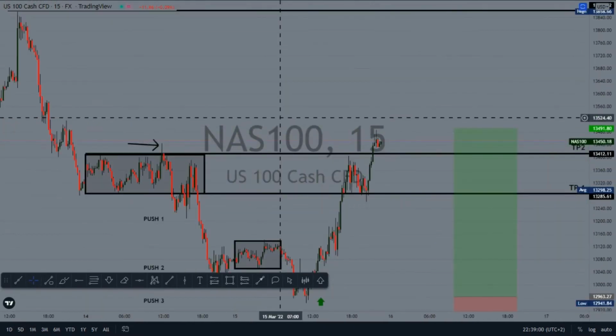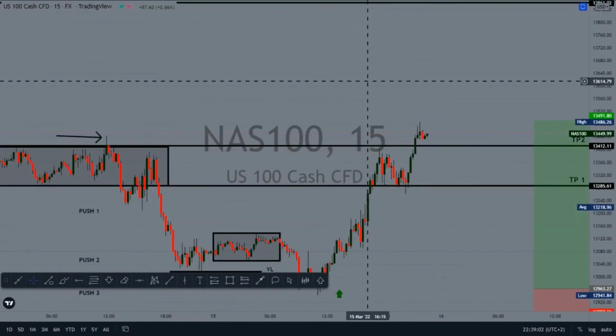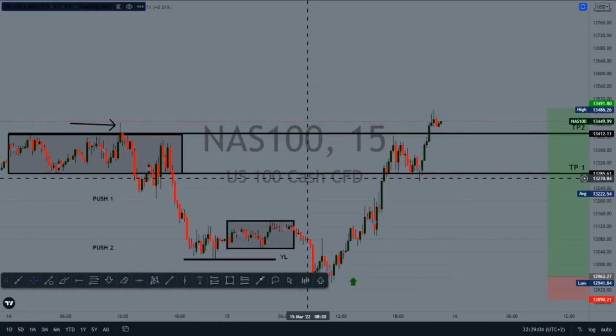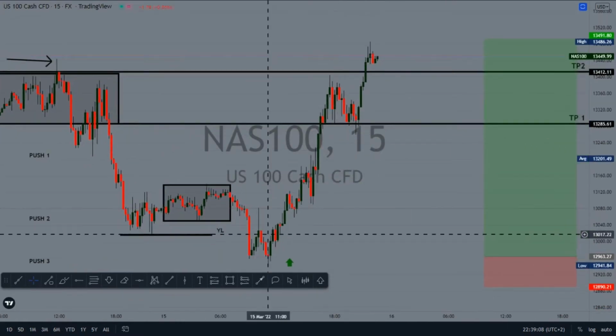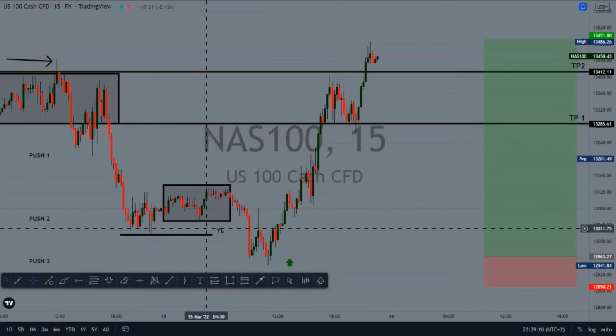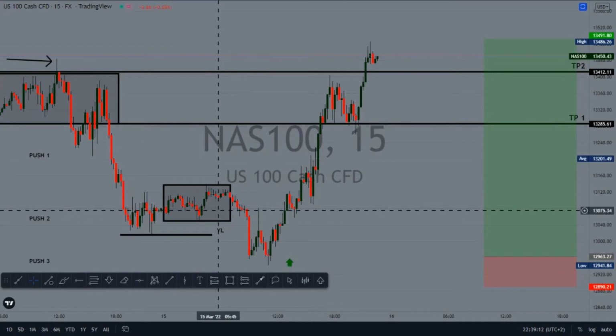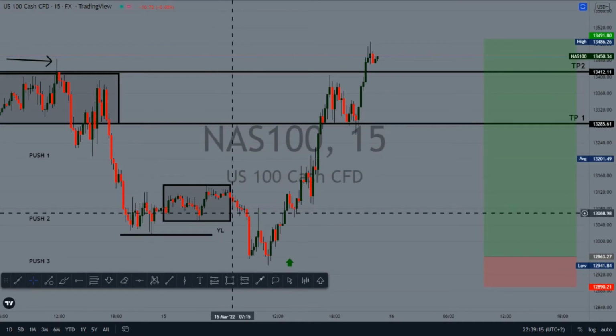So what the market does is one pattern which you have to take into consideration. The market will usually move out of this box 25 to 50 pips to induce the traders to go the wrong way, and then from there on they will slowly drive the market in the right direction.